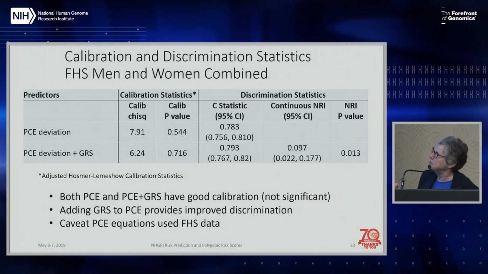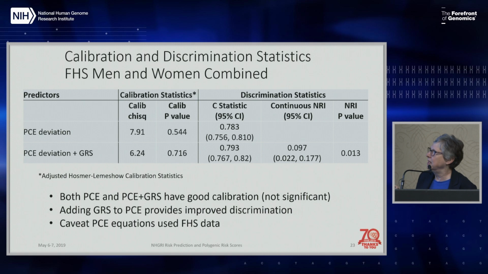And if you look at the C statistic, if you have just the PCE calculation, it was about 0.78. Those of you familiar with the C statistics, 0.5 is like tossing a coin, 50% chance. So this is more than 50% chance, somewhere between 50% and 1. And when you add the GRS, it increases to 0.79, and typically, this has been my experience, that the C statistic does not move very much, even though that GRS risk score had a p-value of 0.0001.